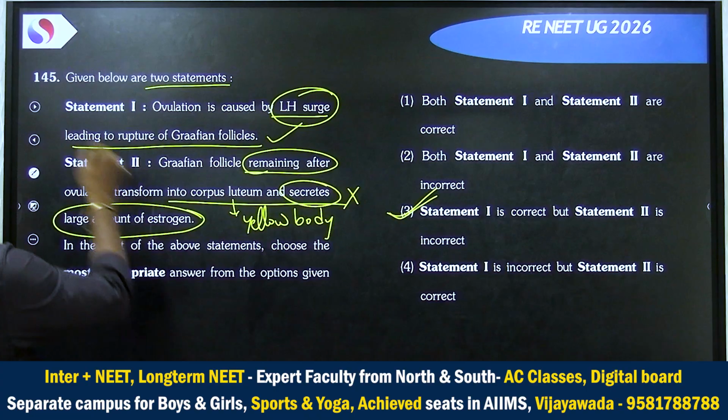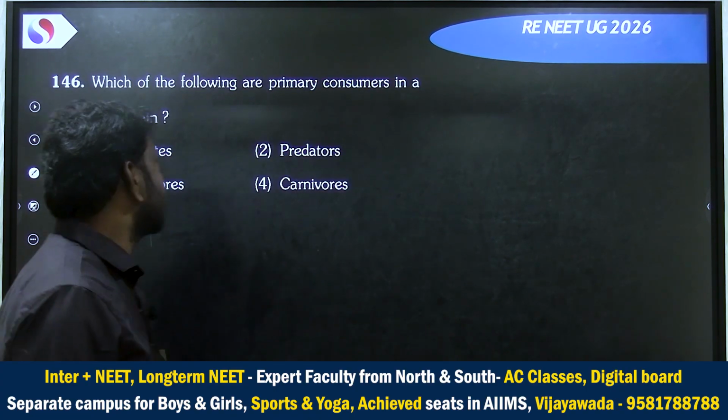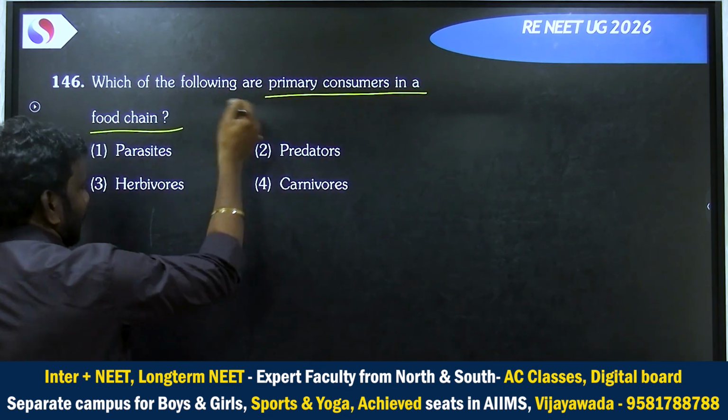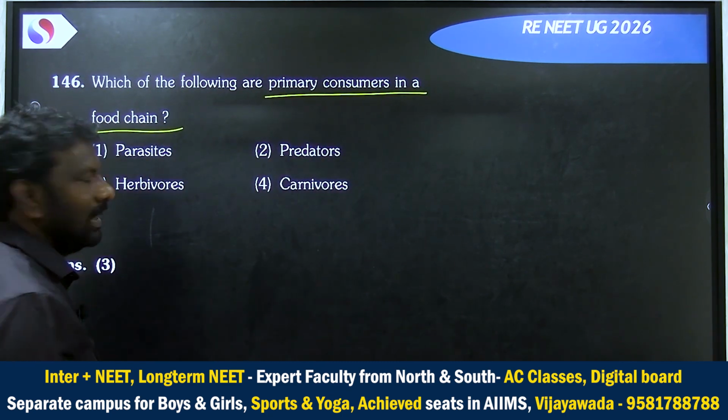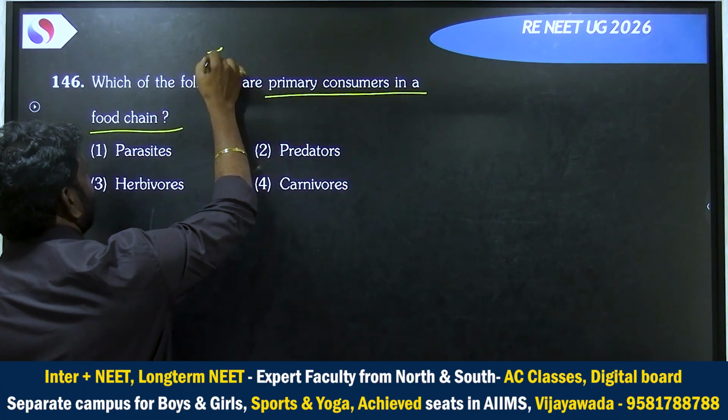The next question is 146: Which of the following is a primary consumer in a food chain? This is related to the ecosystem.